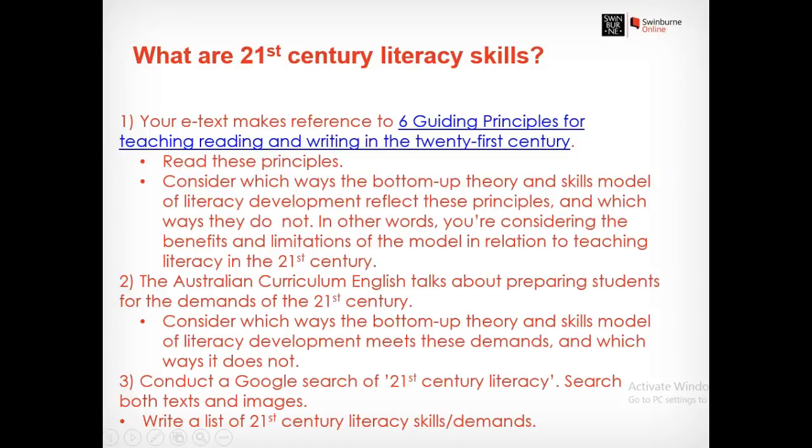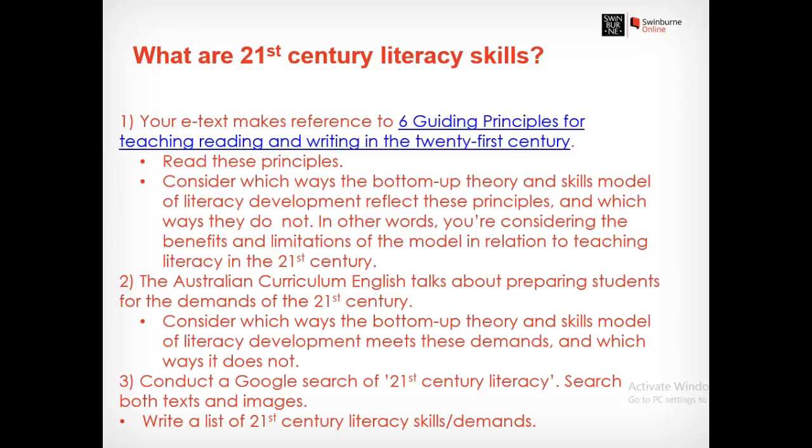Finally, I suggest you conduct a Google search using terms like 21st century literacy and 21st century literacy skills. And again, make notes of exactly what these sorts of skills are and how you could argue that a particular model, be it the skills model or any other model you'll learn about in upcoming weeks, best prepares children for these skills.